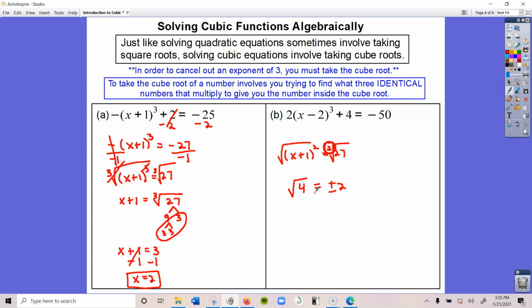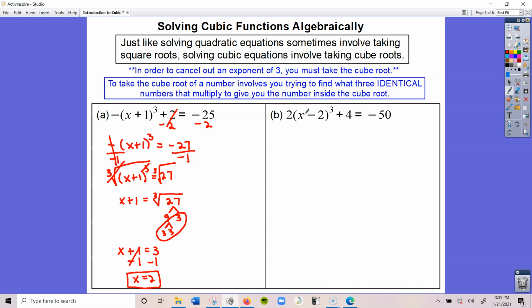We learned that with square roots, you cannot have a negative inside because there are no 2 identical numbers that would multiply to give you a negative, because one would have to be positive and one would have to be negative. However, with cube roots, you are allowed to have a negative because there is such a thing as 3 identical negative numbers that would multiply to give you a negative. So basically, when you have the cube root of a number, the answer to that cube root is whatever sign that number is. And we're going to see that in this particular example.